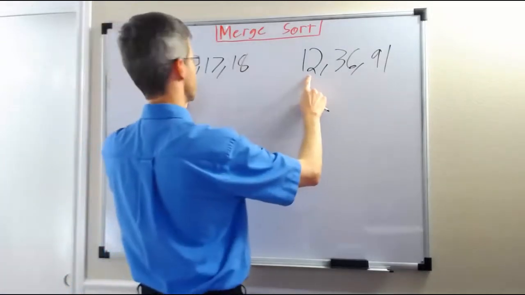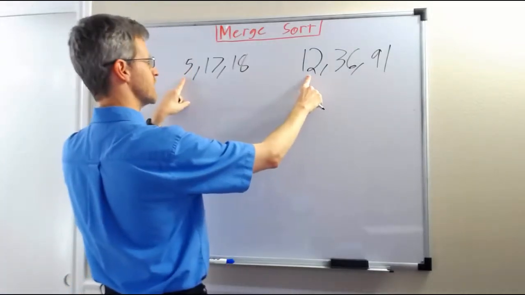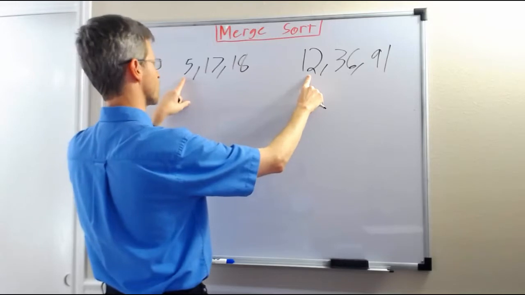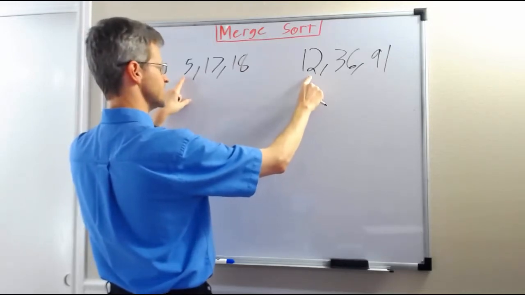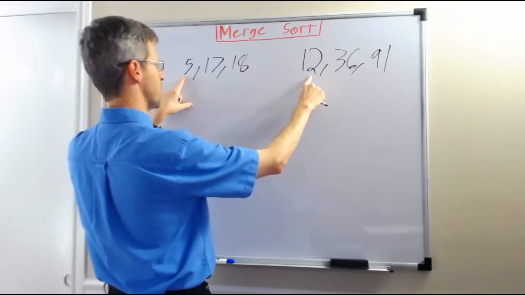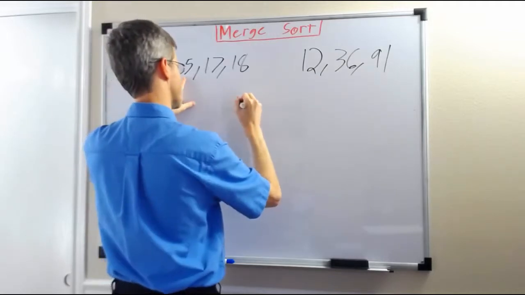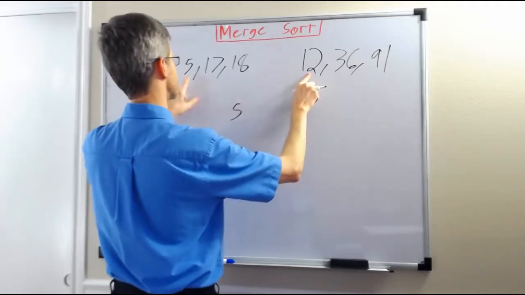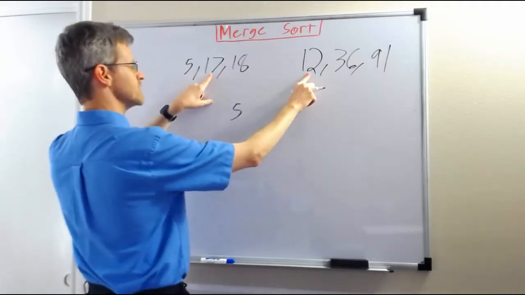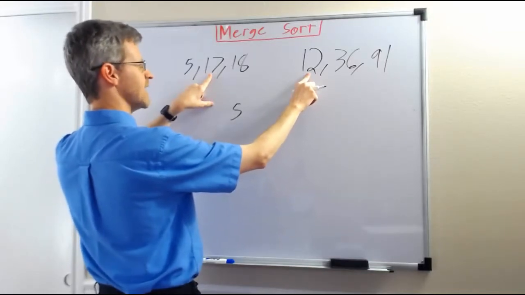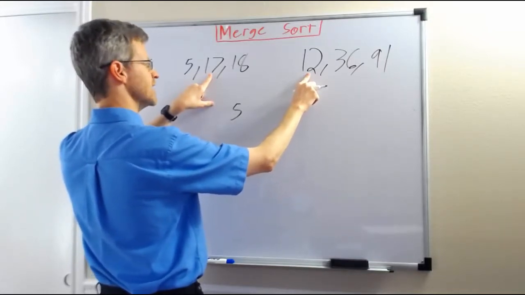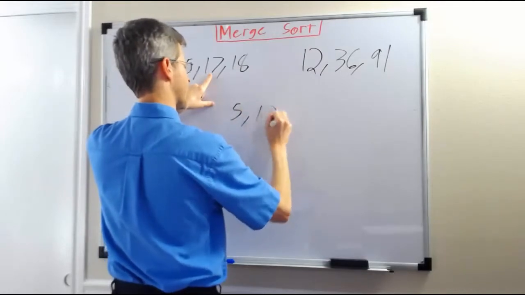So we can just look at the first element of each and see which is smaller, because this is the smallest of these and this is the smallest of these, and so one of these two is the smallest of all of them. So that's 5. And now we've used up the 5, so now either the 12 or the 17 has to be the second smallest element, and it is in fact the 12.